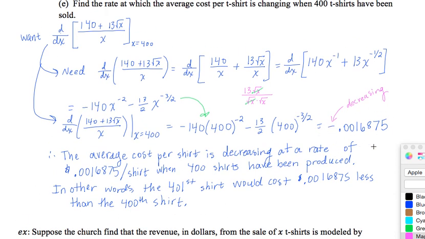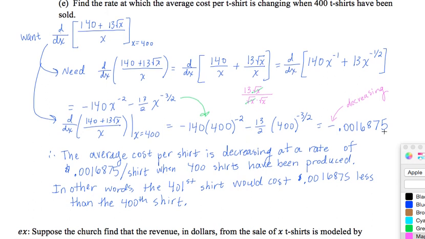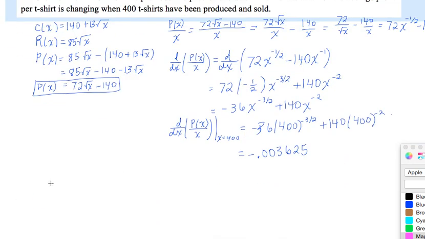So this is average cost per shirt, negative 0.0016875. That's the rate at which the average cost per shirt is changing at x equals 400.